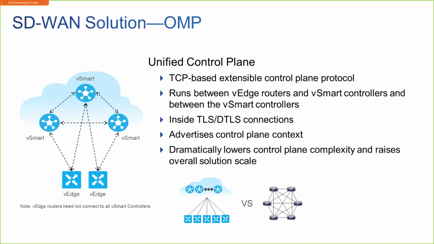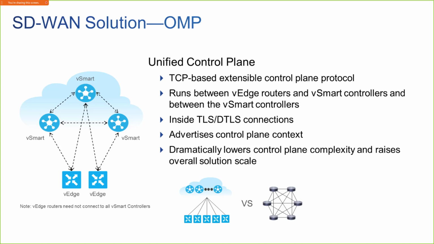All right, so OMP is actually very, very similar to BGP. If you've dealt with BGP, a policy-based protocol, OMP is very similar in that regard, and it essentially manages the overlay. Like I said, it runs between the vSmart controllers and the vEdge routers. Things like route prefixes, next hop routes, crypto keys, policy information, all of this is going to get exchanged over a DTLS connection.